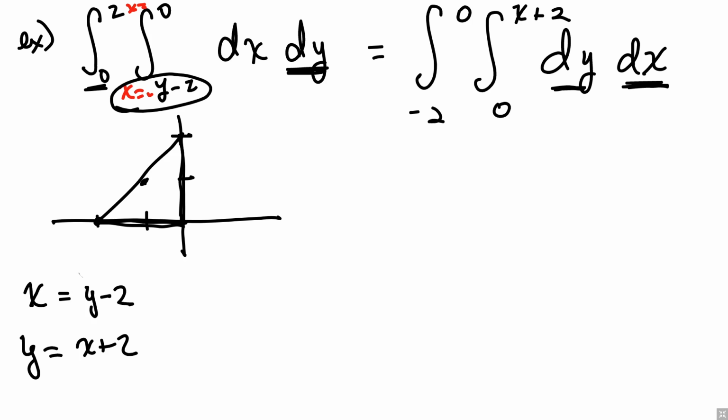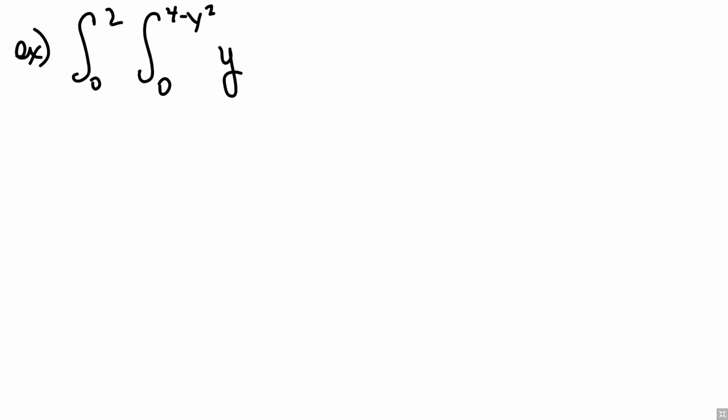All right, let's take a look at the next example. We have the integral from 0 to 2, then the integral from 0 to 4 minus y squared, and we have y dx dy.